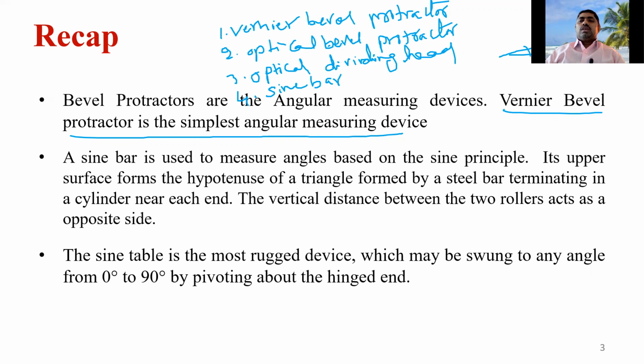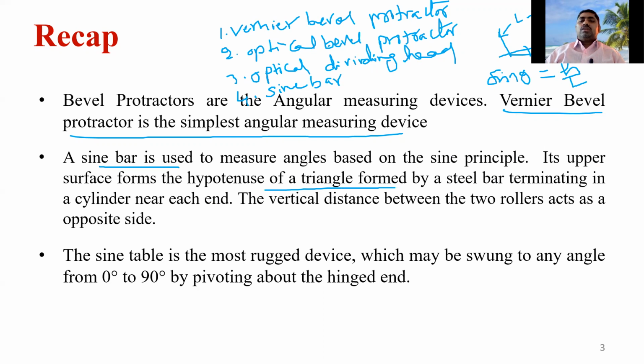Let this height be h, and the hypotenuse is represented by the length L. Then we use the sine principle as sine theta equal to h by L. So the sine bar works on this principle, and its upper surface forms the hypotenuse of the triangle.